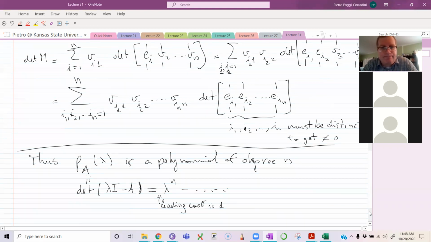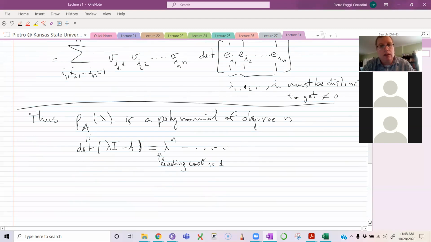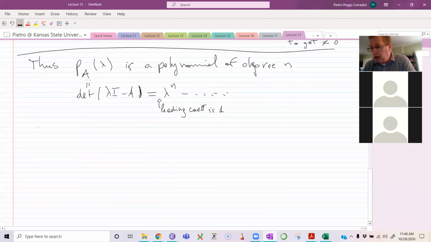Mm-hmm. Yep. All right. So it's a polynomial of degree n, and in particular, there is something called the fundamental theorem of algebra. You guys remember what it says?